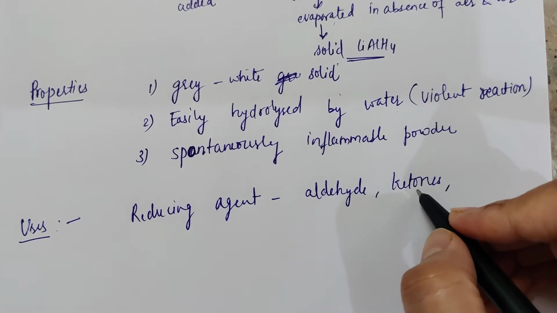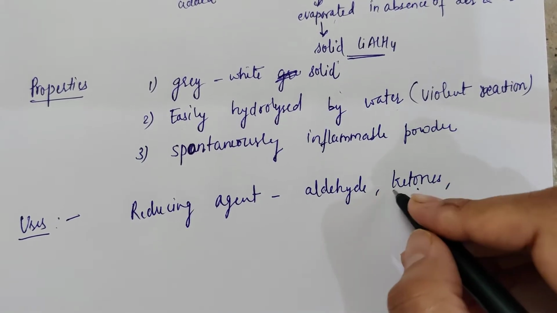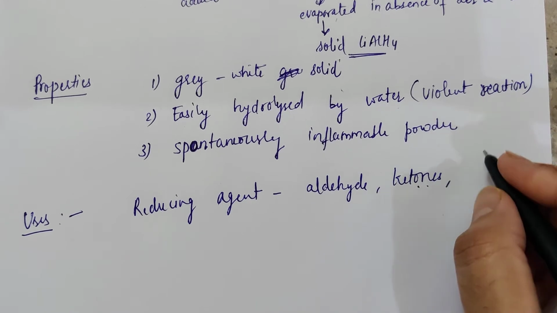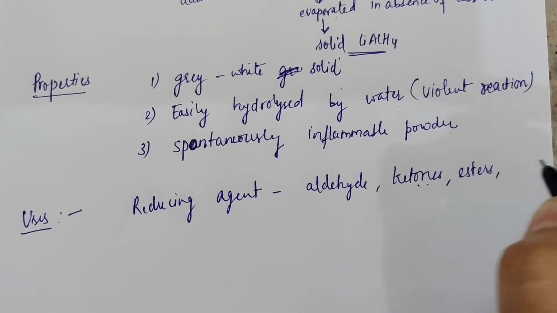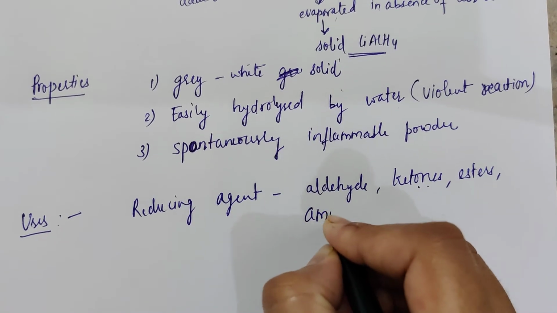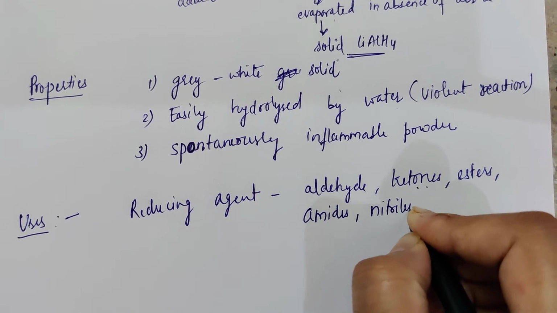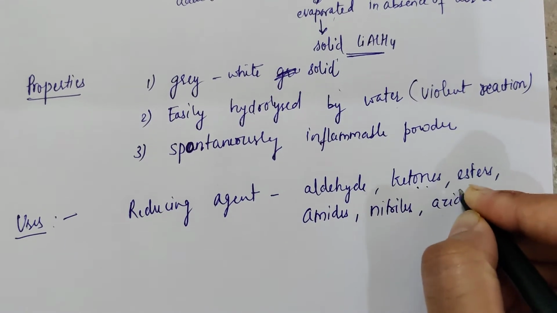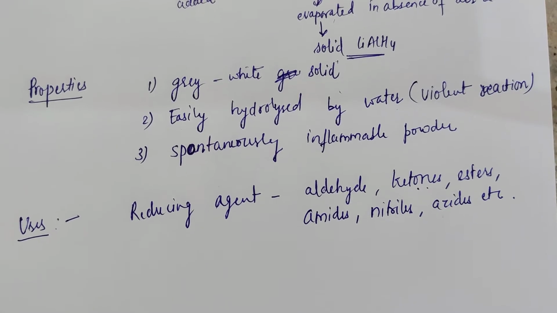Aldehyde and ketones were also reduced by NaBH4, but along with aldehyde and ketone, lithium aluminium hydride can reduce esters, amides, nitriles, azide, etc.